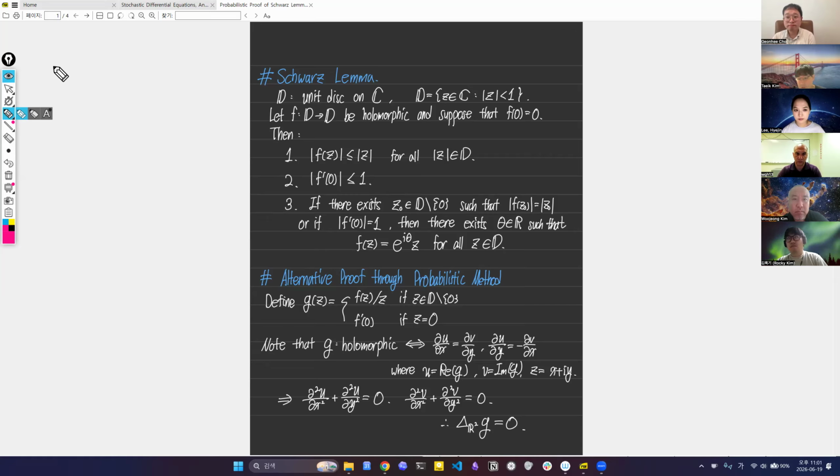I will introduce an alternative way. It is essentially a special case of the maximum modulus theorem, but it can be derived through the probabilistic method.